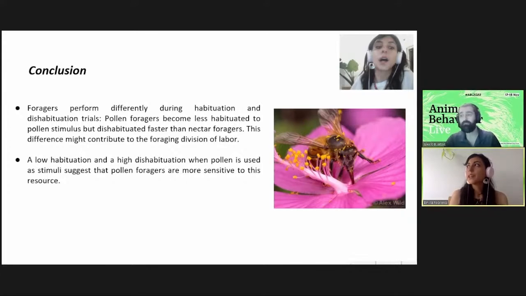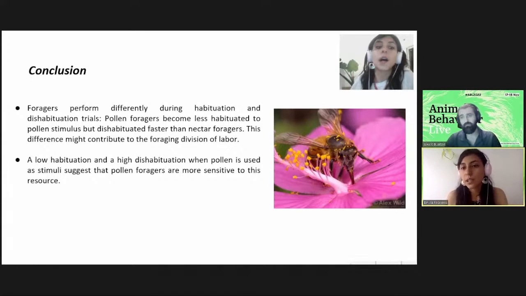Yes, we think so, because now we tested just when they arrive and when they depart from the feeder. Other studies have tested similar things when they depart from the hive and when they arrive at the hive. Those cues and signals inside the hive, and these contextual cues, may influence these differences in sucrose responsiveness, but also in learning. So that's what we hypothesize, that these differences in sucrose responsiveness will translate to the learning abilities of bees too.